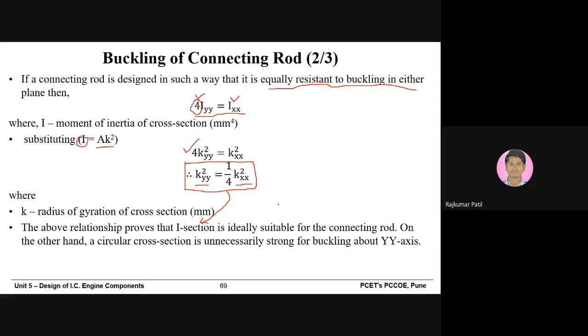On the other hand, a circular cross section is unnecessarily strong for buckling about the yy axis. So if you go with the circular cross section, you need to unnecessarily increase the diameter, and that will increase the weight and unnecessarily increase the strength about the yy axis. So that's why the I section is widely preferred.